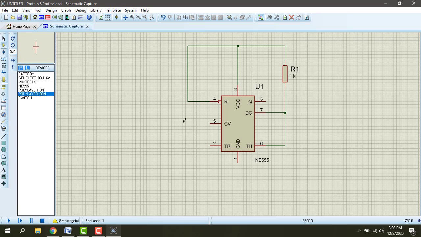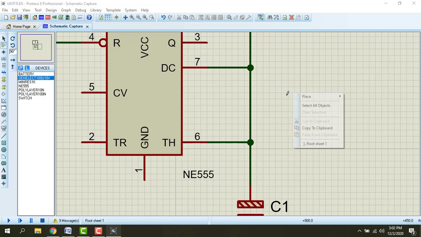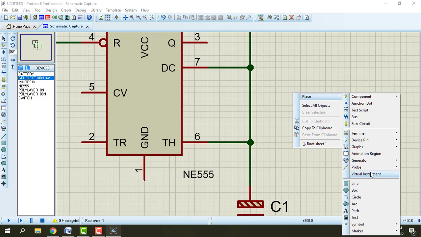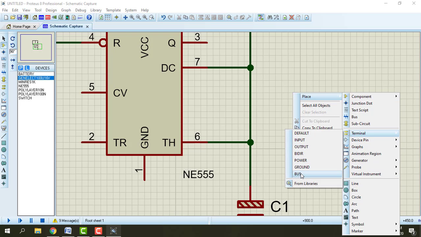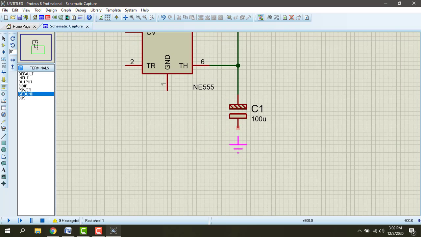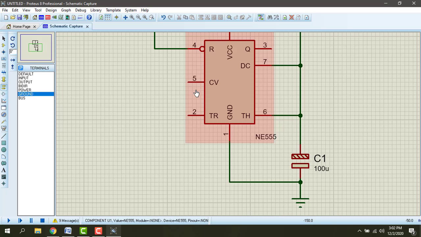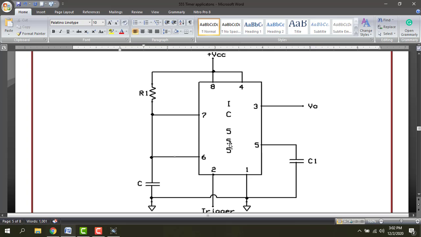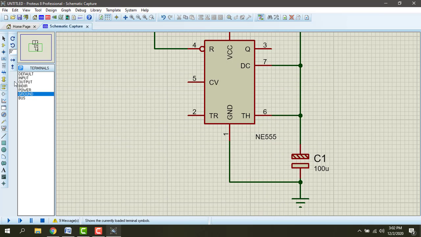From that I am going to connect a 100 microfarad capacitor to the ground. Right click, place terminal, ground. Pin number 1 is connected to ground. Next thing, in between 1 and 5 we are going to connect a capacitor, 10 nanofarad.